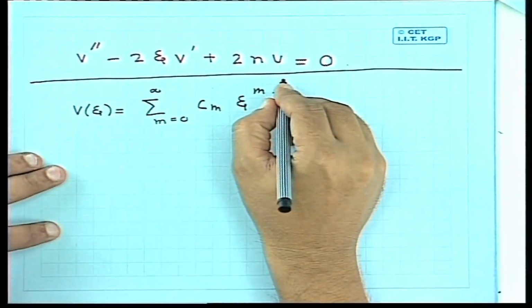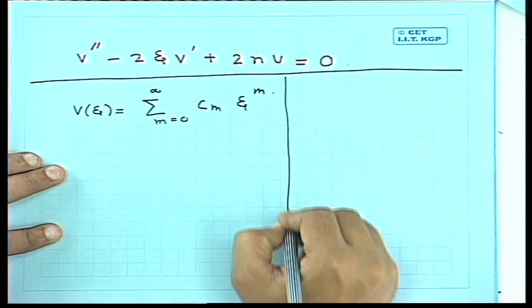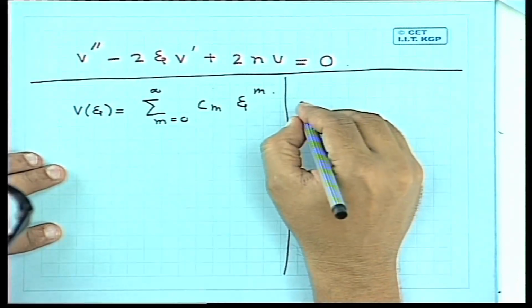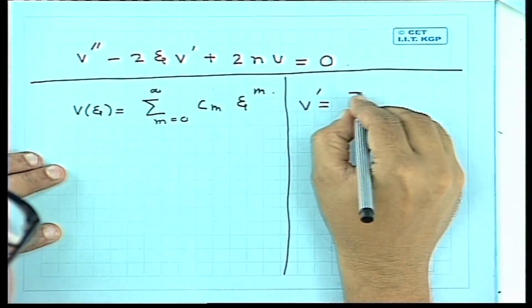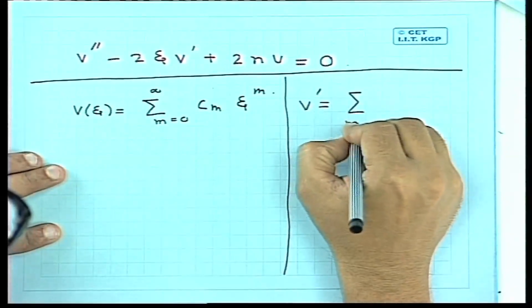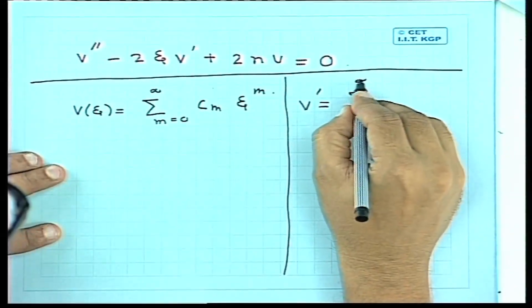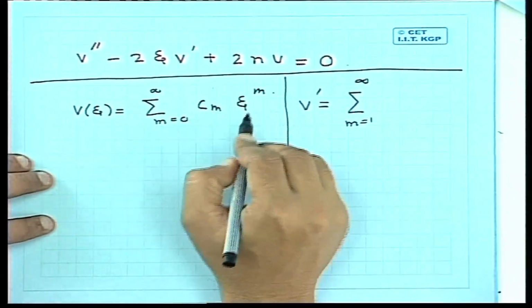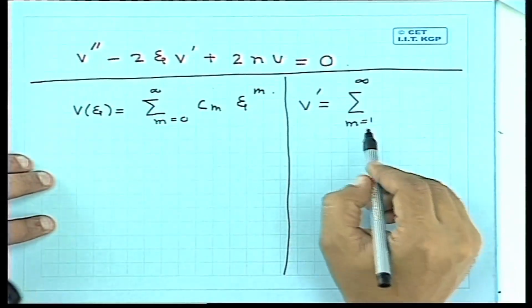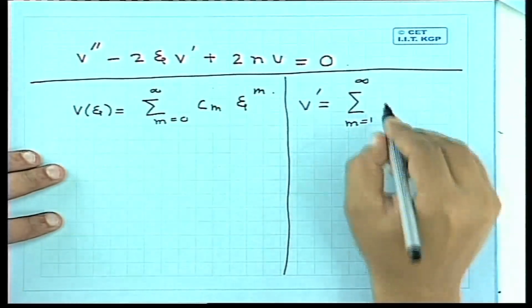So, with this we find that v prime is equal to summation m equal to 1 to infinity. If we just differentiate this, the derivative of the m equal to 0 term, which is a constant, is 0. So, that does not contribute, it starts from 1 and goes to infinity.